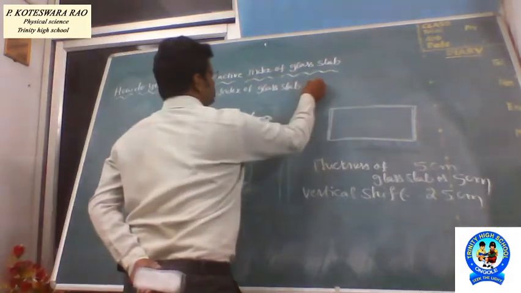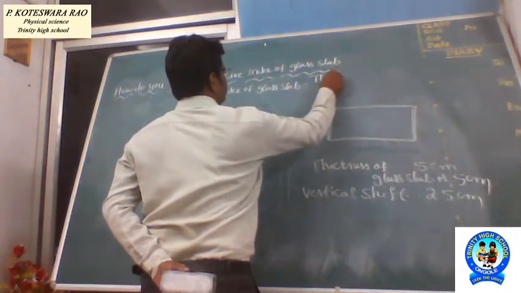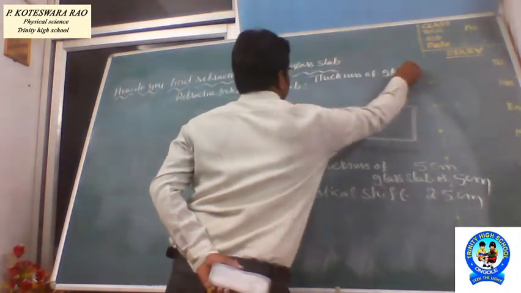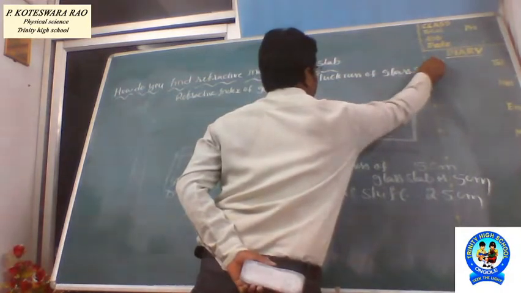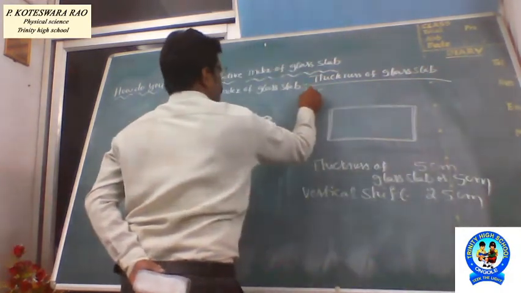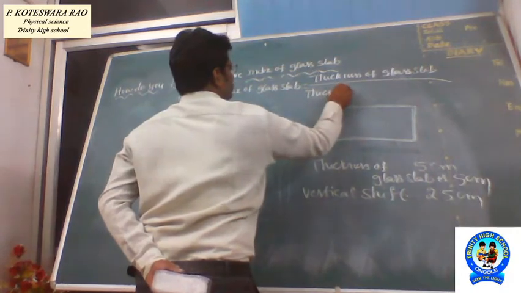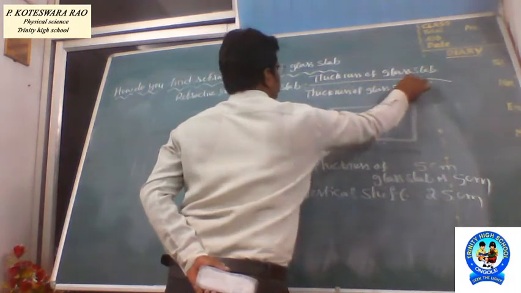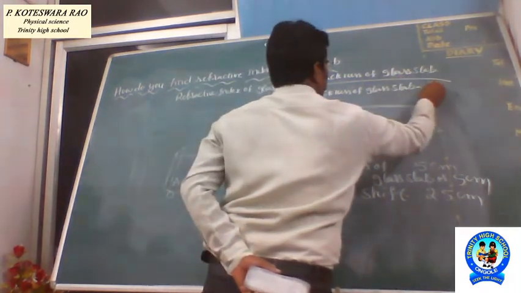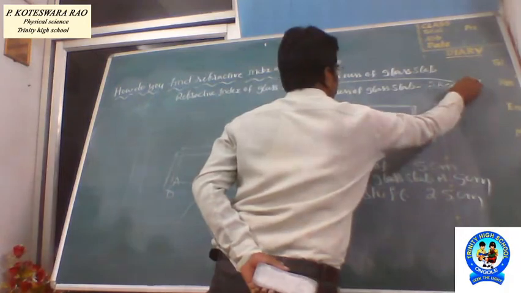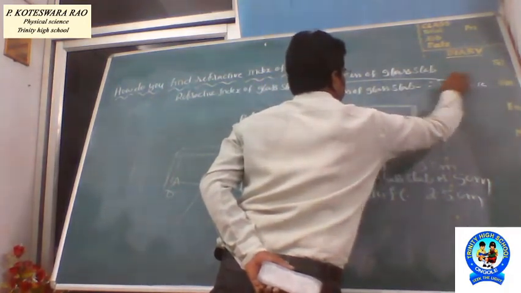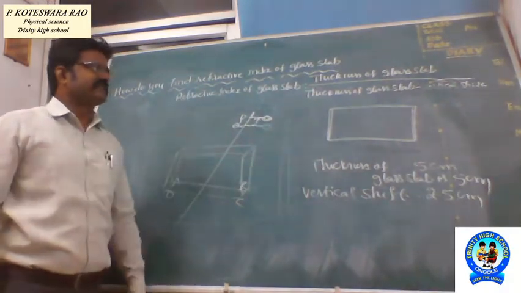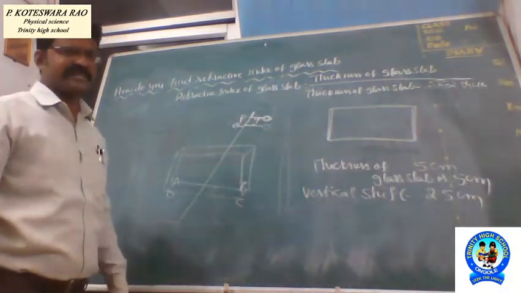The refractive index of the glass slab is the thickness of the glass slab divided by the thickness of the glass slab minus the vertical shift. Thickness of glass slab by thickness of glass slab minus vertical shift.